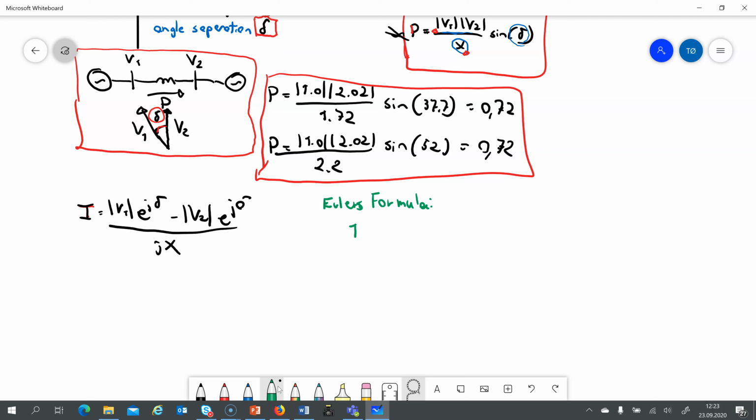That means E can be expressed as cosine theta plus j sine theta.